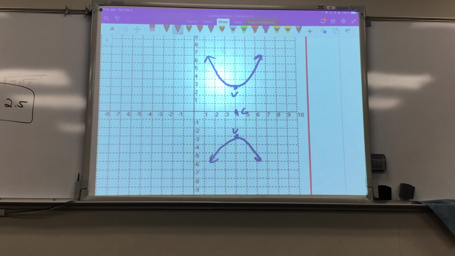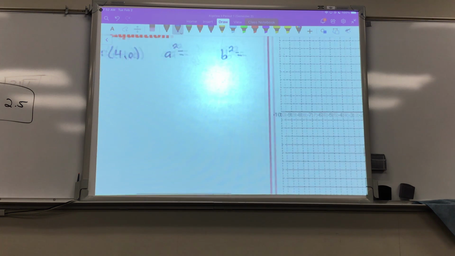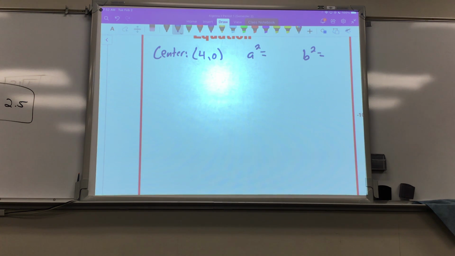Caleb? Y comes first. So I can write about half my equation already, can't I? I know y comes first and I have the center. (y minus 0) squared over something minus (x minus 4) squared over something is always equal to 1.